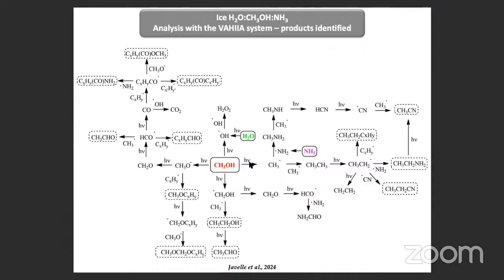If you want more information, you can go to the poster of Laurie Arnold, and he will present how the modification of the initial ice can impact the gas phase and how the gas phase can be used to obtain information about the chemistry that occurs in the solid phase.